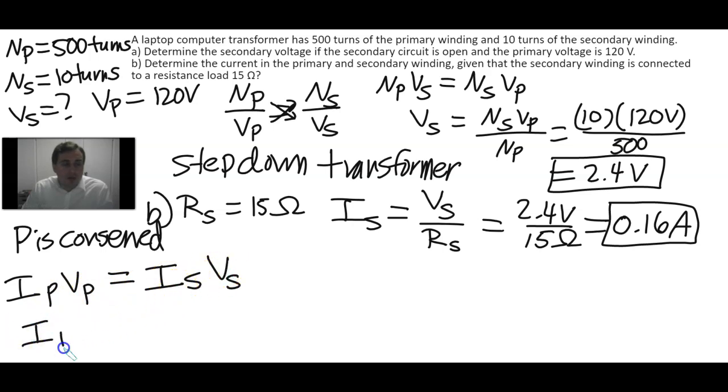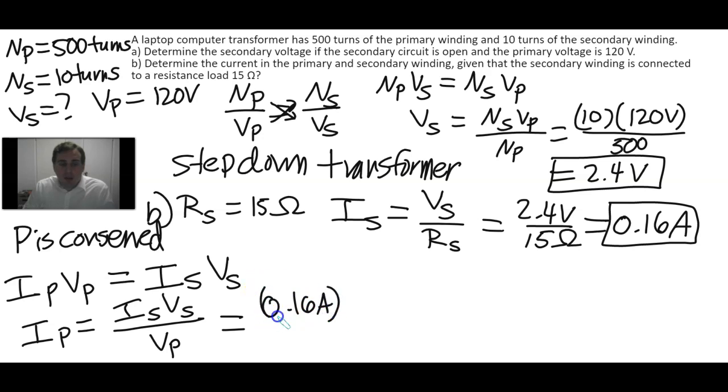So I on the primary is I secondary, V secondary, divided by V primary. And the numbers can go in. So this is 0.16 amperes times voltage on the secondary, 2.4 volts. And the voltage on the primary we said was 120 volts.